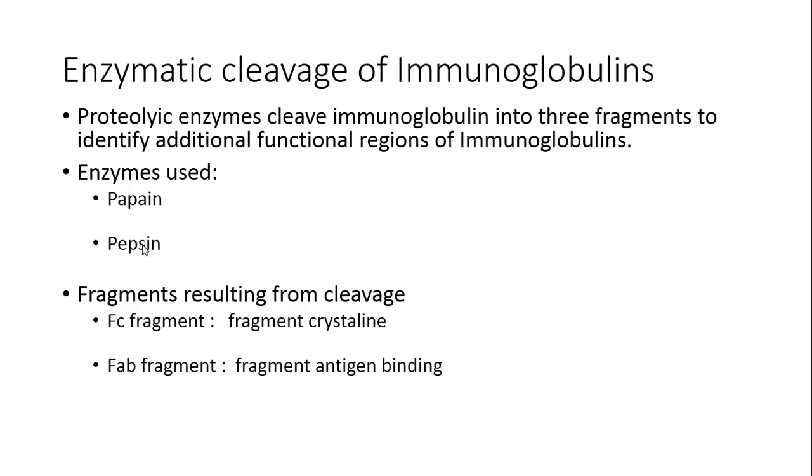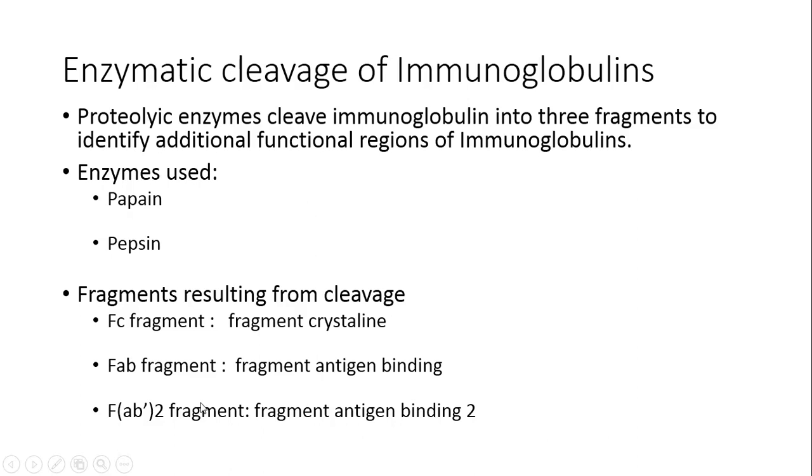The second is the FAB, the fragment antigen binding. I think we can imagine where that's going to show up. And the third is the FAB2 fragment, or the fragment antigen binding 2. You're going to see in a minute that it's actually breaking down this FAB fragment in a different way.